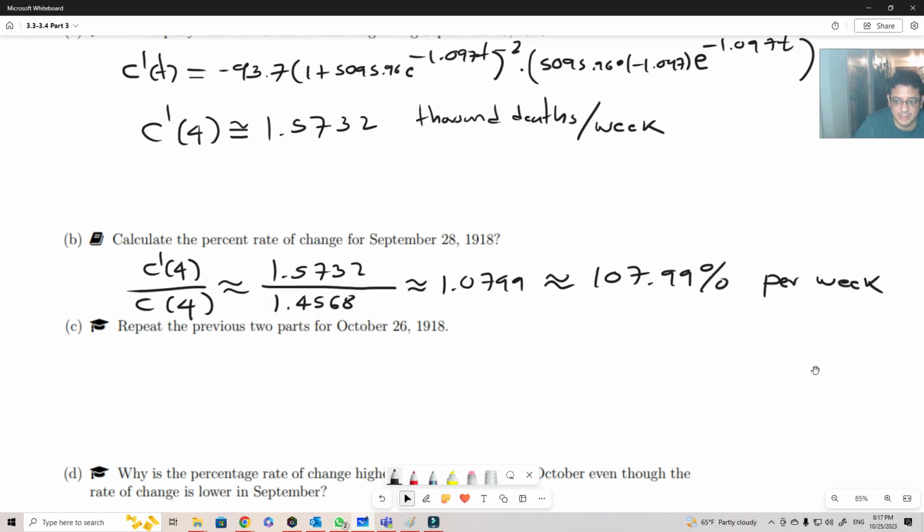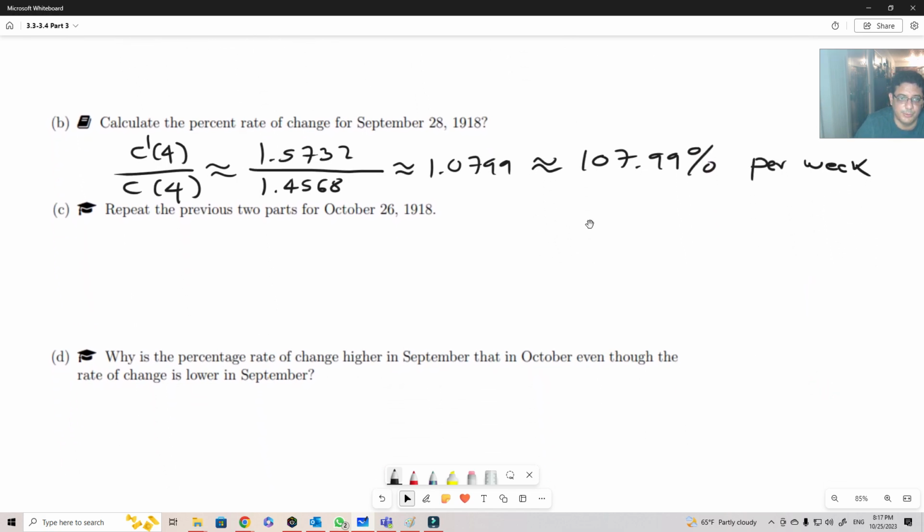Now, part C is to repeat the two previous parts for October 26. So for October 26, we have another month, and of course we need to find C prime of 8, and after that C prime of 8 over C of 8. It's exactly the same calculation.